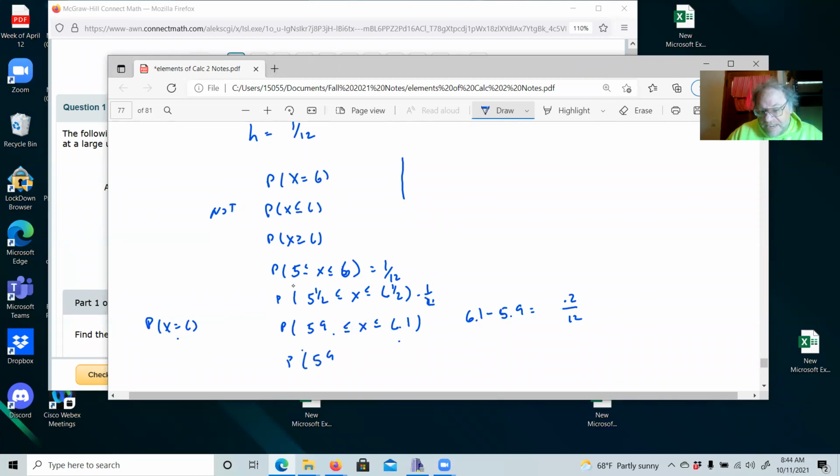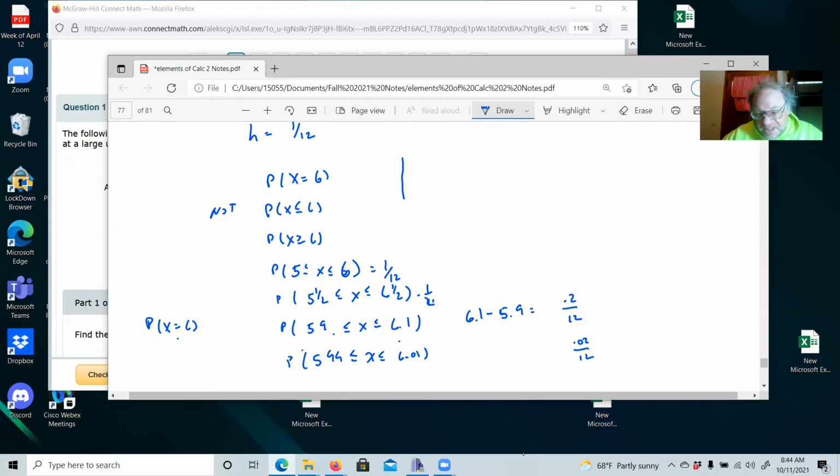How about 5.99? You see where this is going? This is still not the same, right? This is 0.02 divided by 12. There's 2 pennies between something costing $5.99 and something costing $6.01. So 0.02 divided by 12.